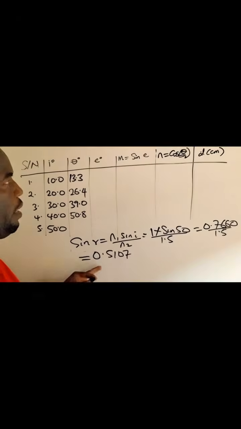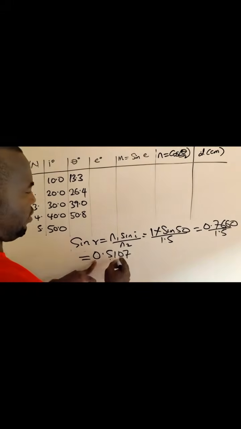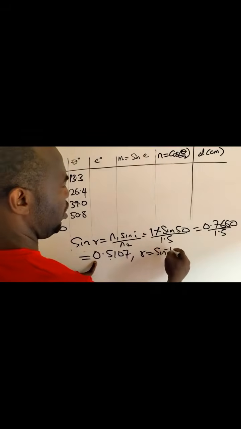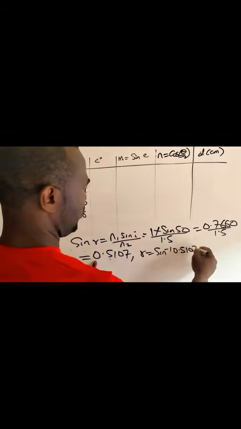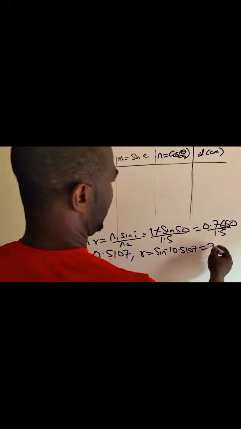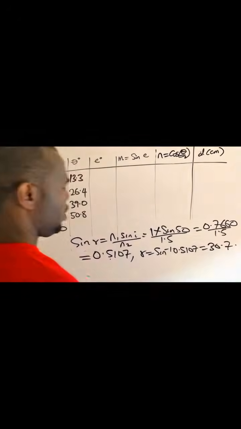0.5107. Find the sine inverse. Sine inverse of this, that is your R, is sine inverse of 0.5107. When we do that, we'll be getting 30.7 degrees. Then find theta.